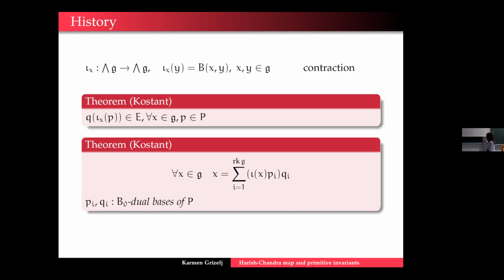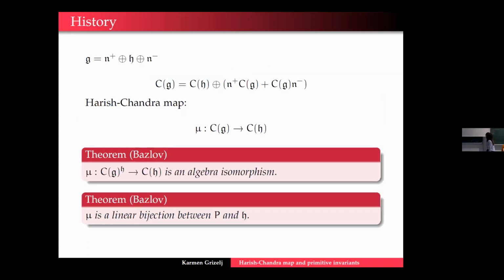But we can go a bit further and introduce the Harish-Chandra map. You might have heard of the Harish-Chandra map, but it looked a bit different than this. This is like a Clifford version of it.